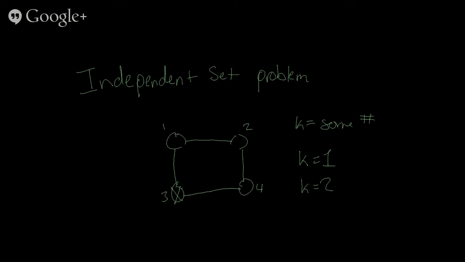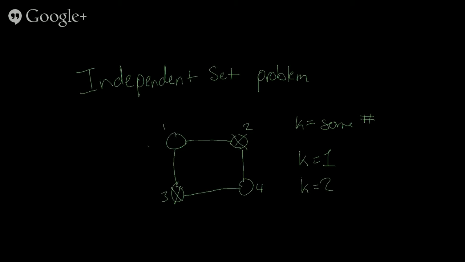If we took out these here, and we just have these 4 edges connecting these 4 vertices, then can we do k equals 2? Absolutely. If we chose 3, we could also choose 2. And since 3 is not connected to 2 or 2 connected to 3, that would be an independent set. So because these 2 are not connected to each other in any way, we can have a k equals 2.